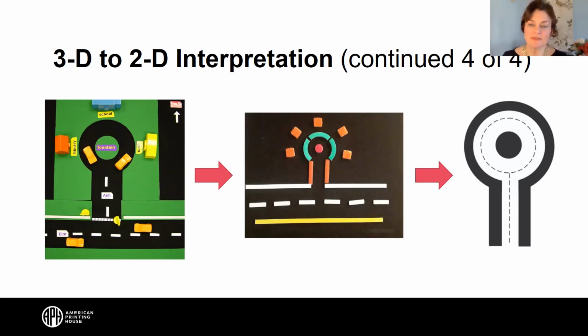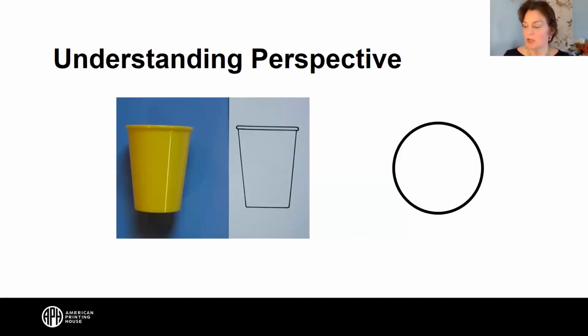And then the last step there is a raised, flat outline of a cul-de-sac, and that is taken directly from our tactile graphic image library. So again, just highlighting the sequence.